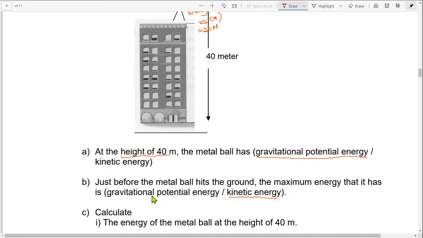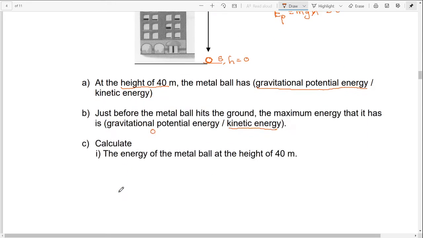The minimum would be the gravitational potential energy. This one here would become 0, because it hit the ground. So the ball is here, and my displacement, or my h, is 0. If we look at our formula, EP equals mgh. h is 0, therefore everything must be 0.